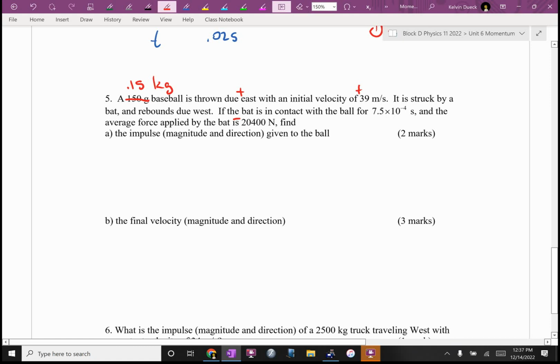So what can you know about time? Scalar. Okay, good. What impulse? I think this time I'm going to find the change in momentum by going force times time. It's going to be negative 20,400 times 7.5 times 10 to the negative 4.